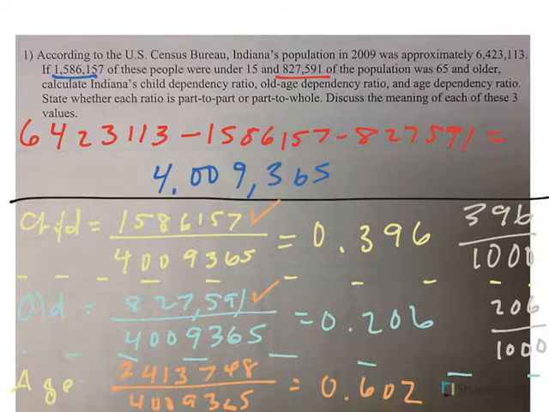So that means for every 1,000 workers, because this is 602 over 1,000, there are 602 people who are dependent upon them. That is crazy.